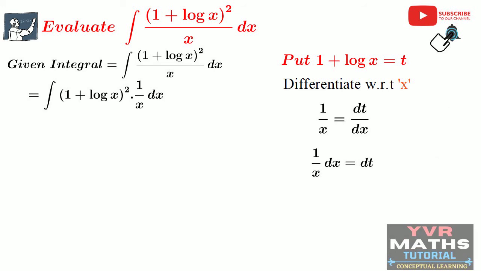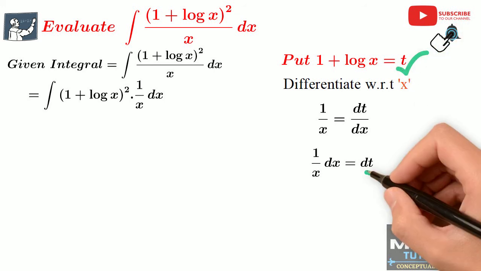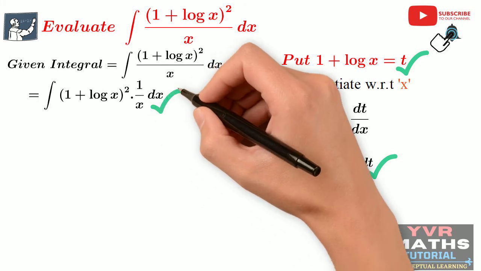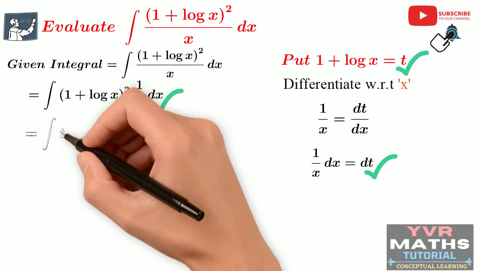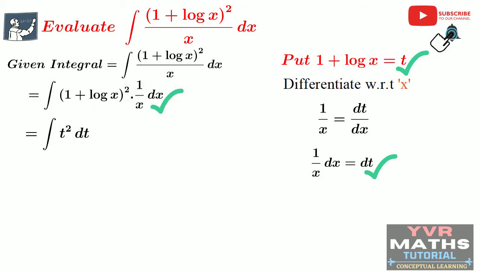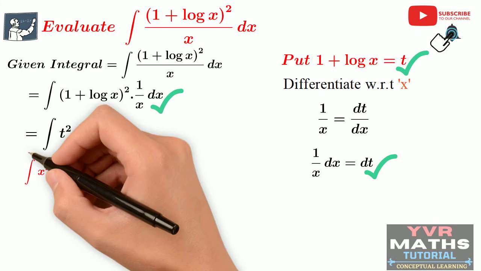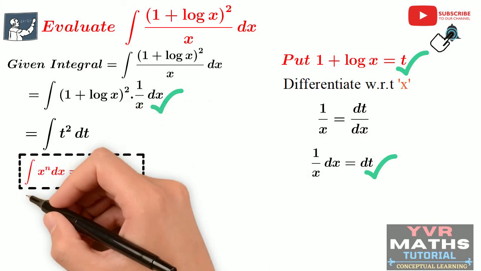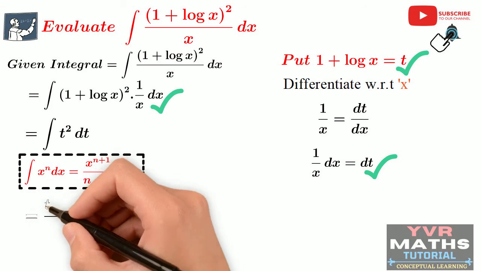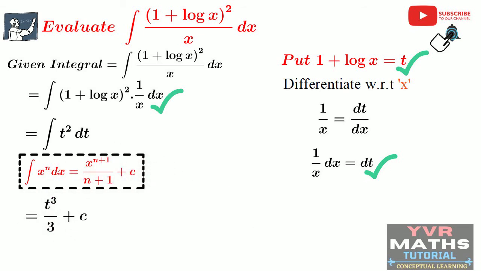Now we can substitute this equation and this equation in the given integral. Then what will we get in the new step? See here, integral t square dt. If we observe this integral, it is clearly in the form of integral x power n dx. So we know the standard integral formula for integral x power n dx. By applying this standard formula, we get t cube by 3 plus c.